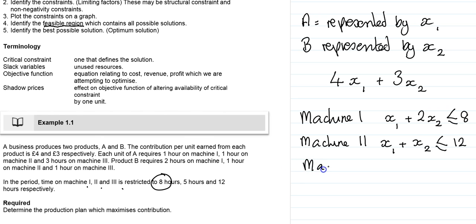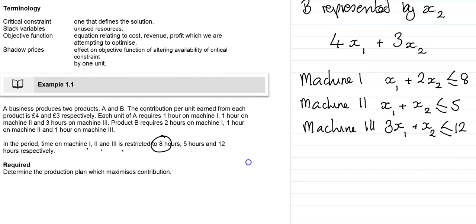And for machine 3, we've got 3 hours for product A, and then 1 hour for product B, and that's going to be less than or equal to 12. Sorry, my mistake, that should be 5. Read the question, Sean. Okay, so there we've got our three constraints, machine 1, machine 2, machine 3.